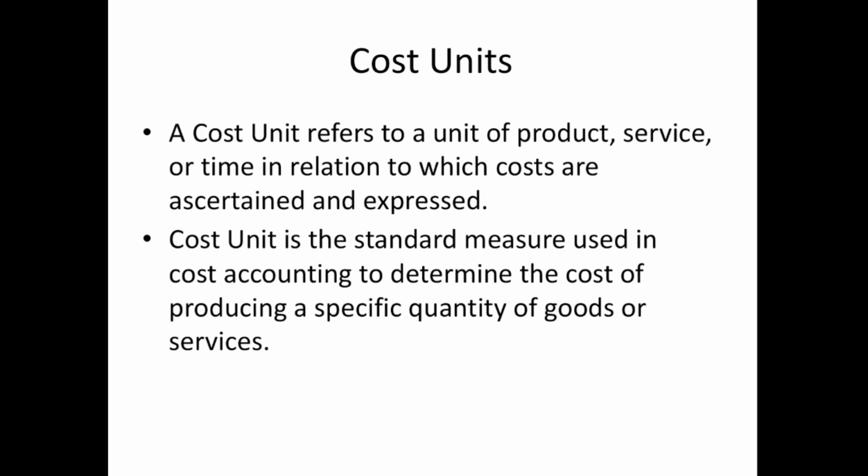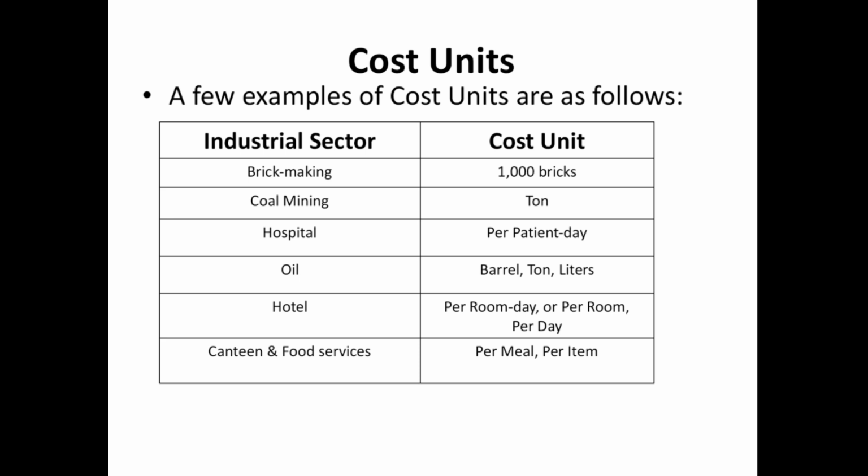Now the examples of cost unit with respect to the industry sector. In the making of brick, it is per 1000 bricks. The costing will be done on a batch of 1000 bricks, so the cost unit will be 1000 bricks.